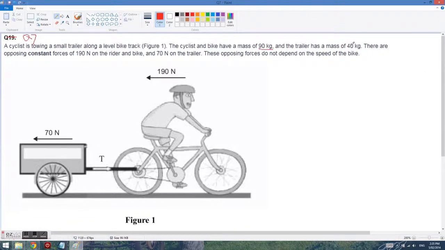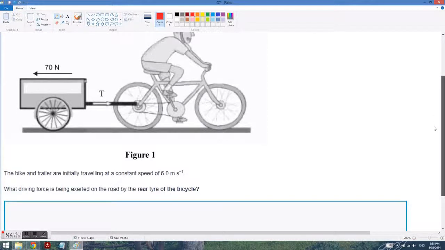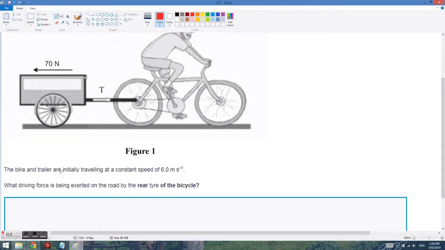We have a mass, they're all labeled. And if we go down there, constant speed. Whenever you say the word constant speed, acceleration is 0, net force is 0.